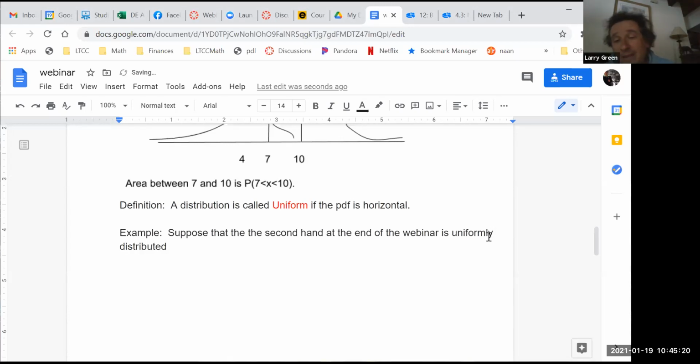By the way, uniformly is the adverb of uniform.